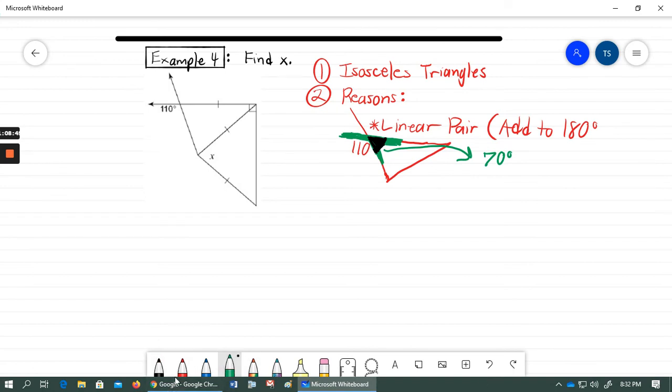Now we can use some other information that we know. The next thing that we got going on is here. Again, we got these two congruency marks, and if we know that this angle is 70 degrees here, we can use that along with the base angles theorem.